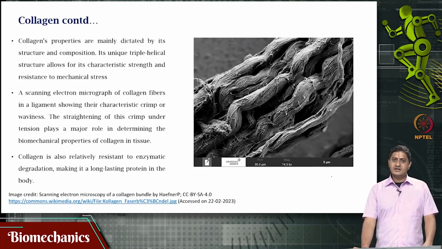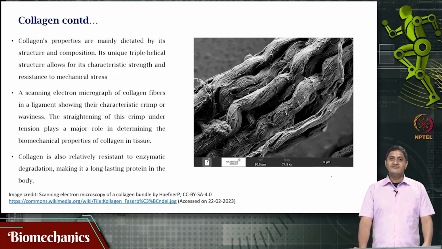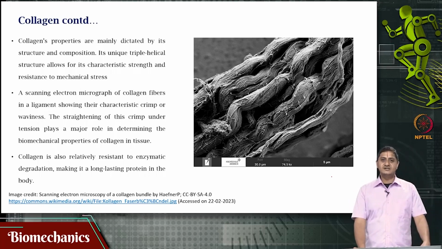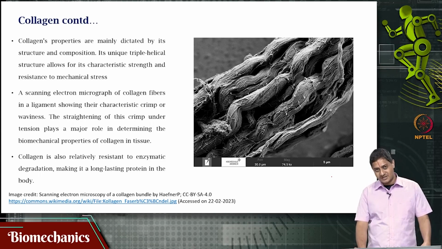As with all the other biological materials that we have discussed, the properties of collagen are determined by the structure and composition. Remember, in the beginning of the course we said that we are mostly interested in the structure function relationships. We are mostly interested in documenting and discussing the relationship between structure and function, between anatomy and physiology.